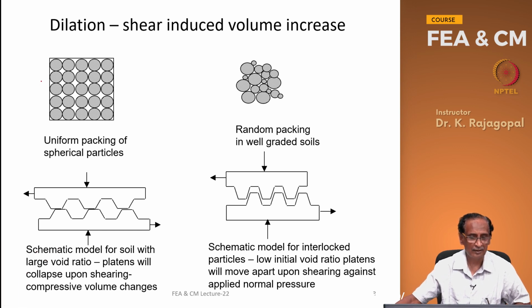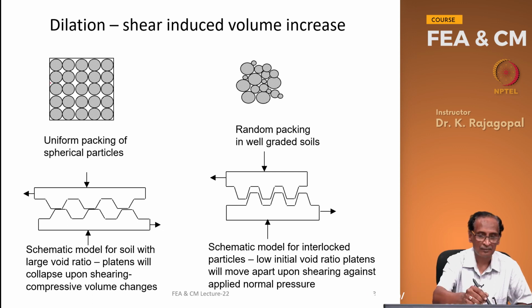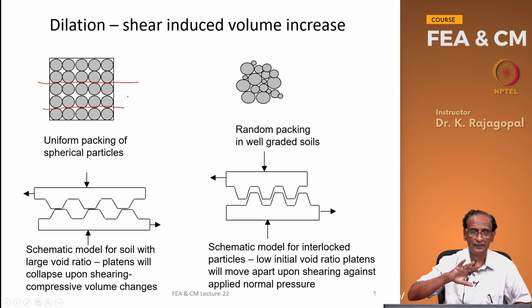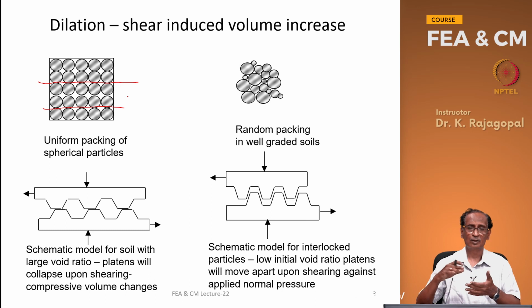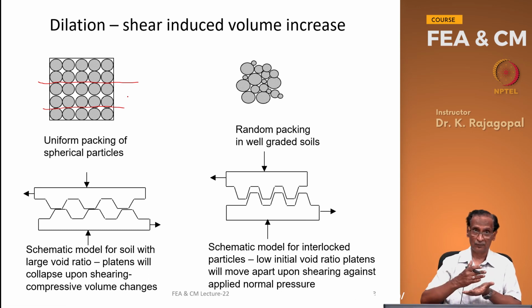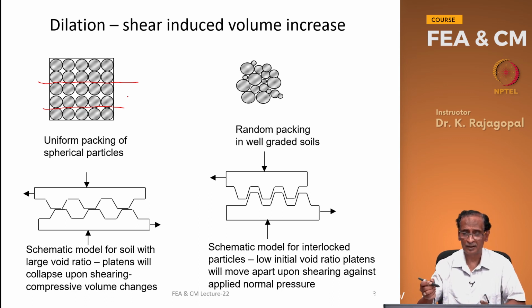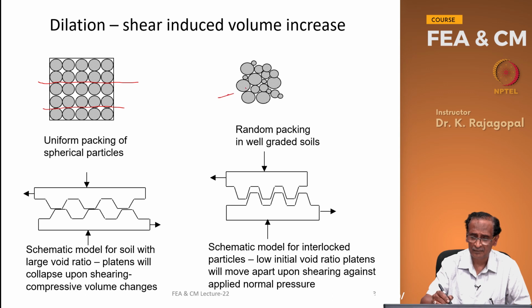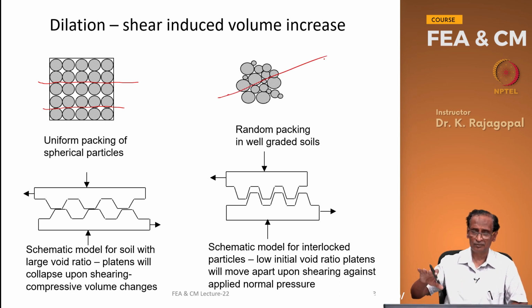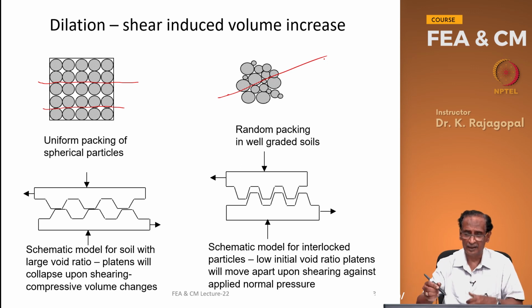actually in the case of nicely arranged particles, there are predefined shear planes like this, and then the soil will deform under shear strain without much of volume change, or there could be some volume compression. But then here there is no single plane on which all the particles are very nicely arranged.